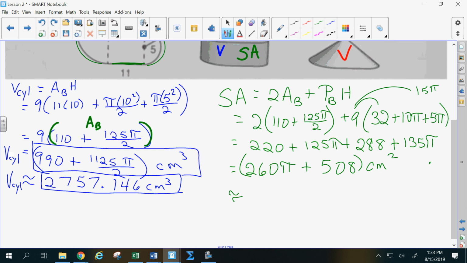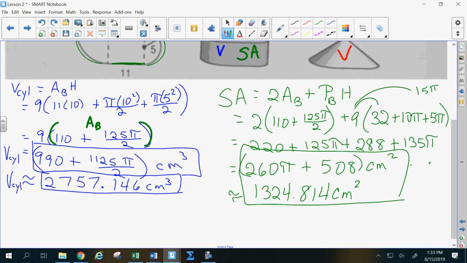And calculator will give me what here? Lydia? And that was my surface area.